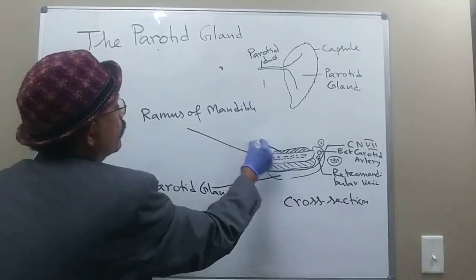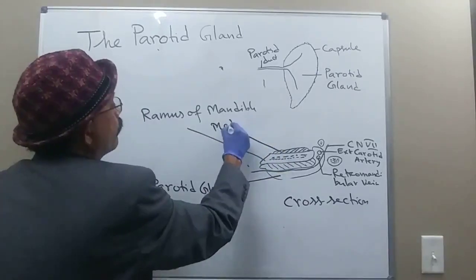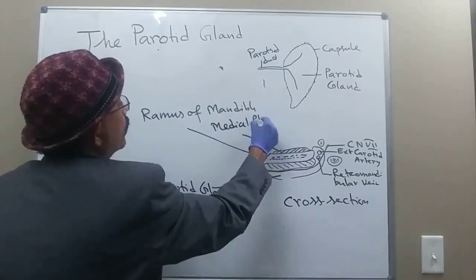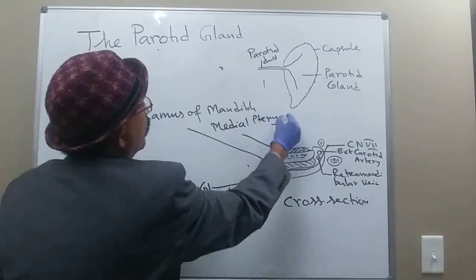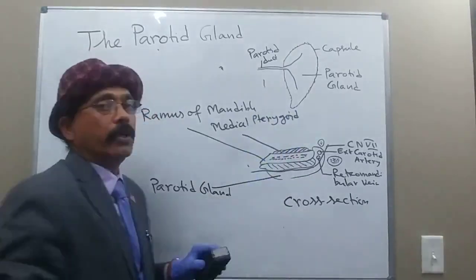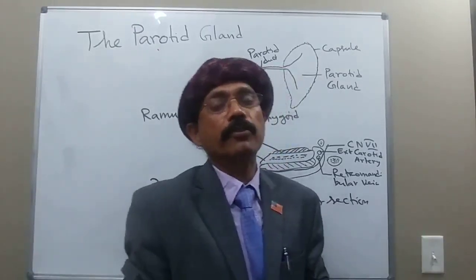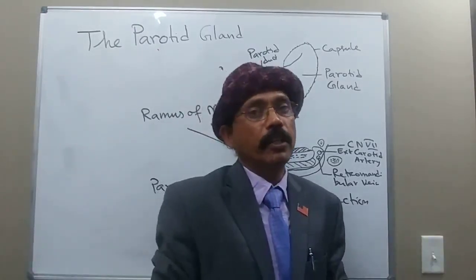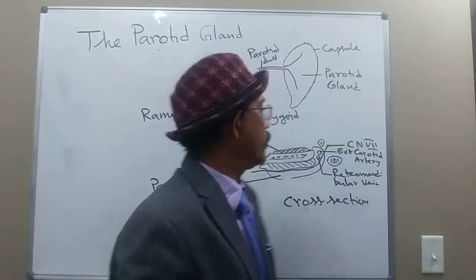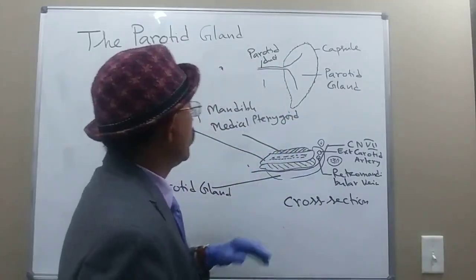This is the medial pterygoid muscle, one of the muscles of mastication. We know that we have four muscles of mastication: medial pterygoid, lateral pterygoid, temporalis, and masseter. This is the medial pterygoid.